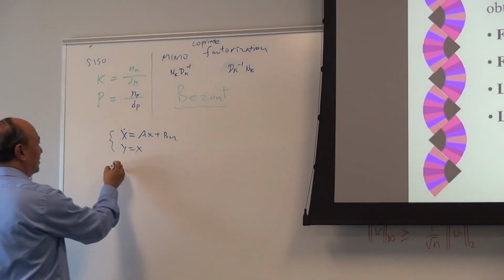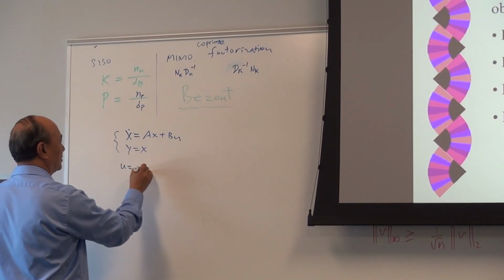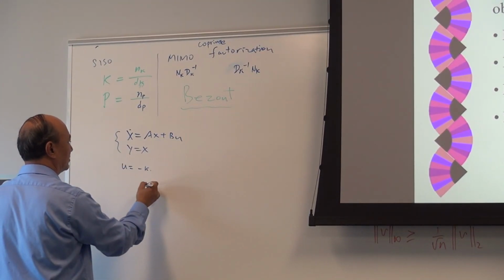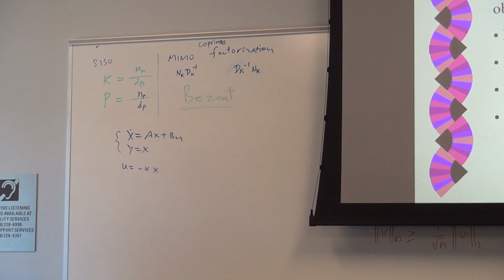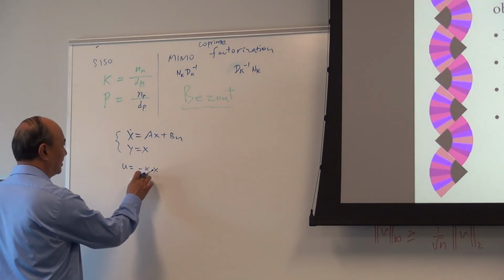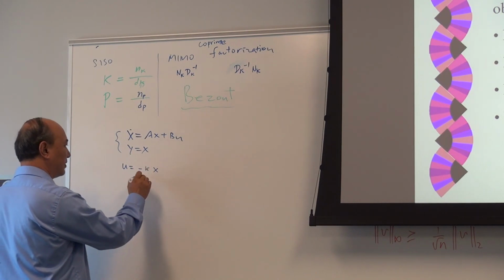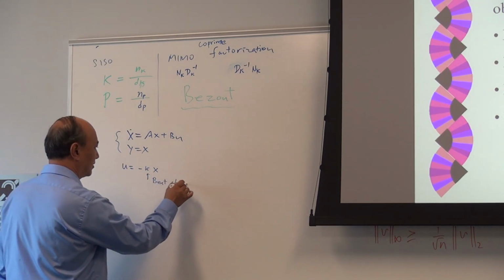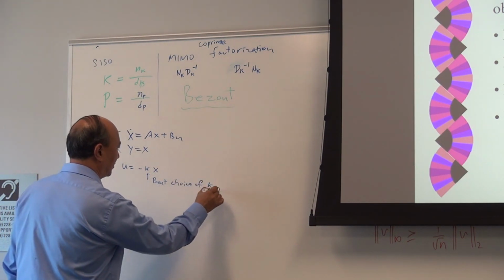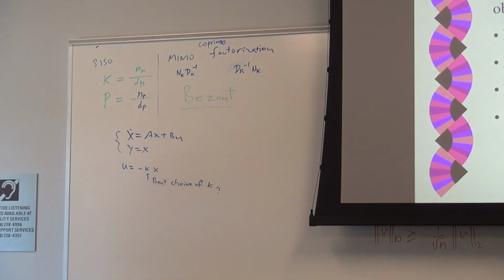So I want to design a controller which is minus K times X. This is called state feedback. But I want to decide the K. How to decide what's the best choice? We don't know. So you tell me.